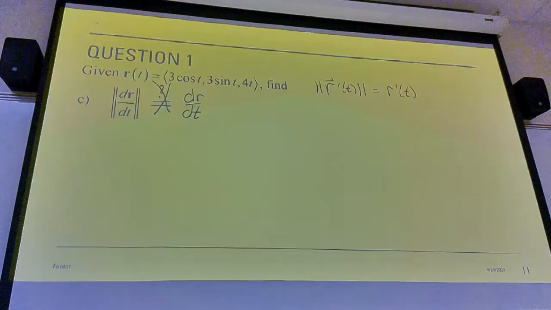They are two different things. The one on the left says find the derivative first and then find its magnitude. The one on the right is the derivative of the magnitude. So be careful with your notation.